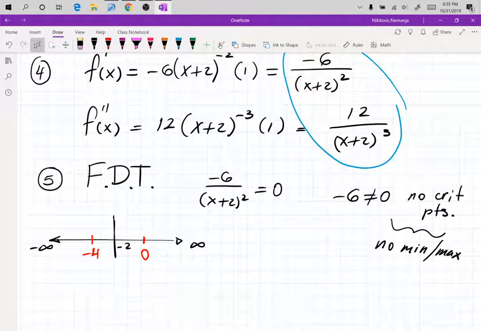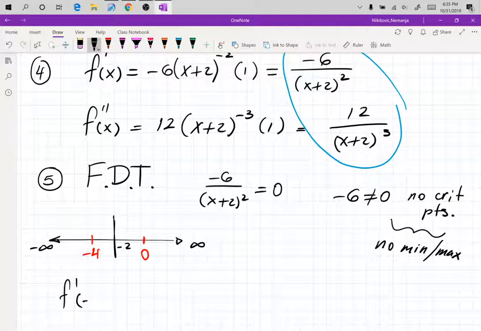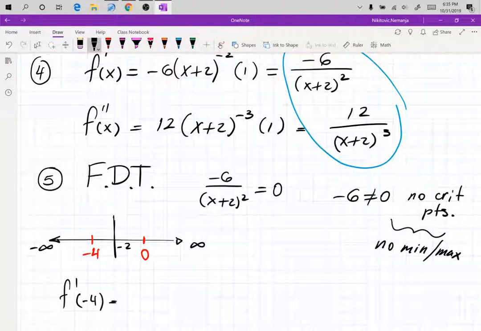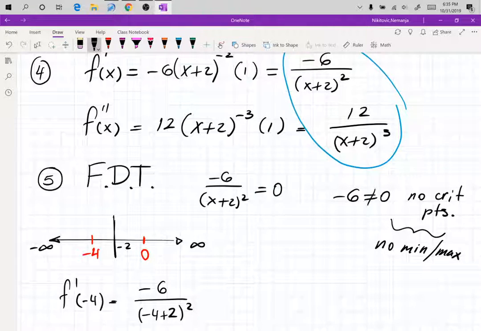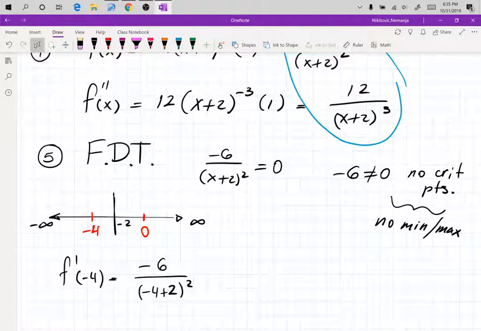So now we compute the first derivative at -4, and we have -6 divided by (-4 plus 2) squared. Now I understand that you can compute this, but in many cases we don't care what the numbers are. We just care if those numbers are positive or negative.